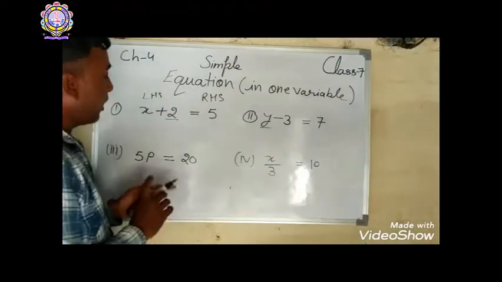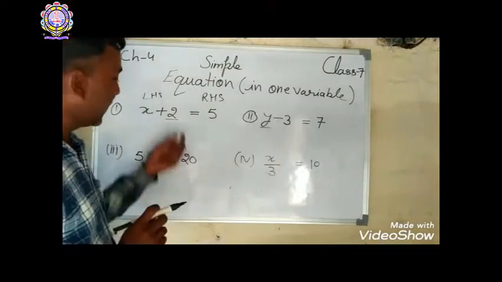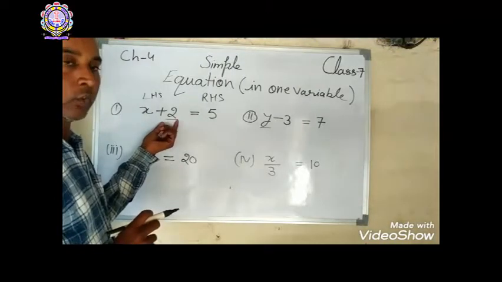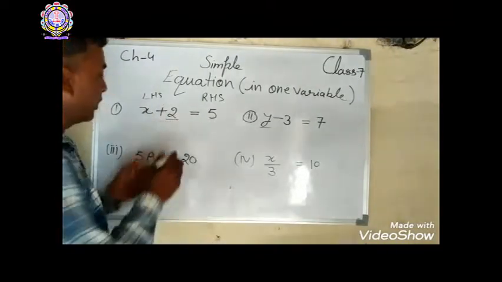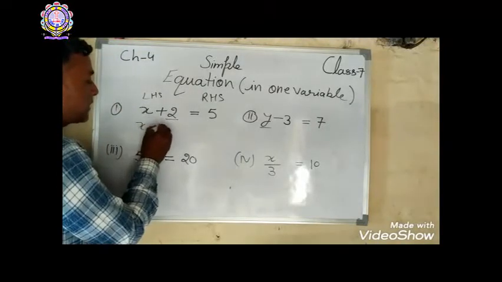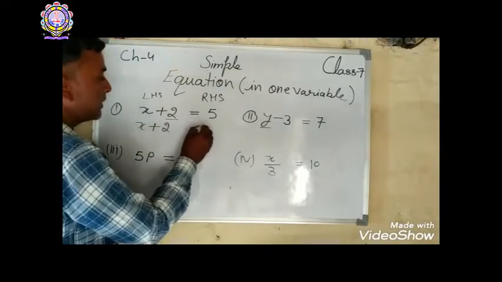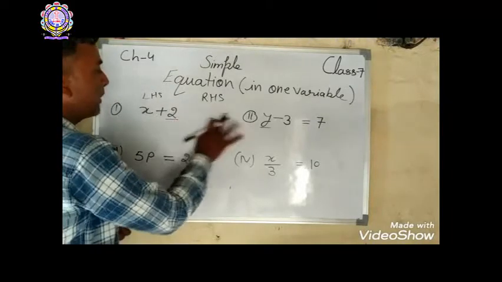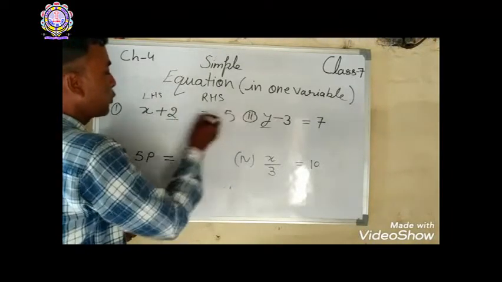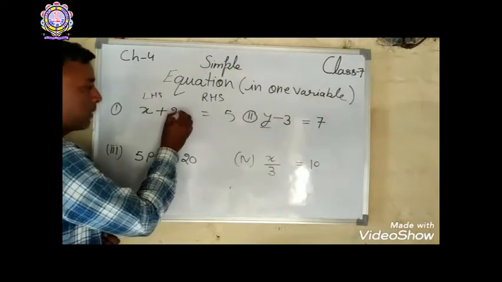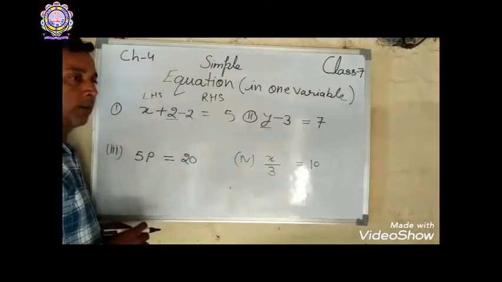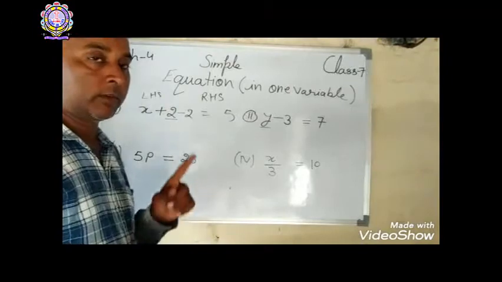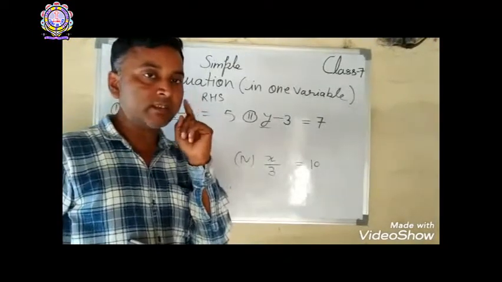But how do we remove it? Here is the plus 2. So for removing the plus 2 from x plus 2, we just write minus 2. But keep in mind how to balance.